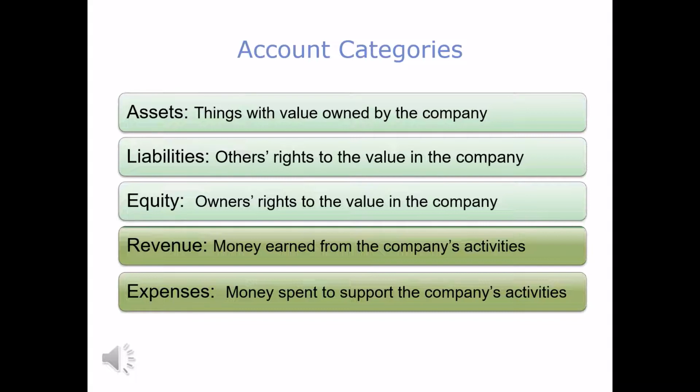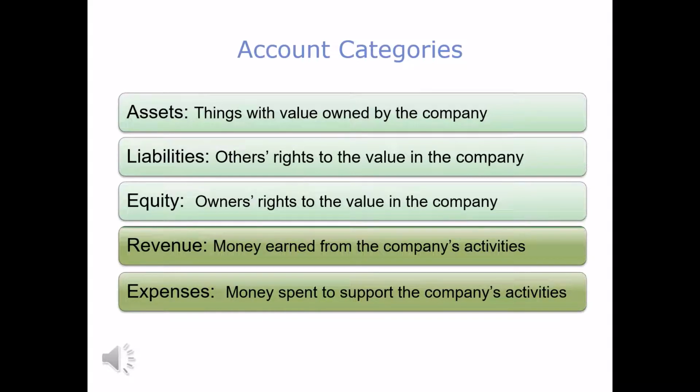Liabilities are others' rights to that value in the company. So assets have value, and people outside the company have maybe loaned us money or provided us with things that we haven't paid for yet. We have an obligation to them, so they have rights to the value in our company. Equity are the owner's rights to the value in the company.